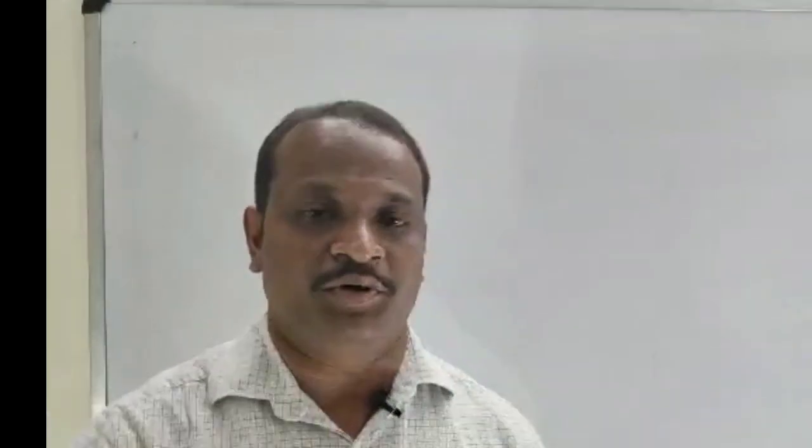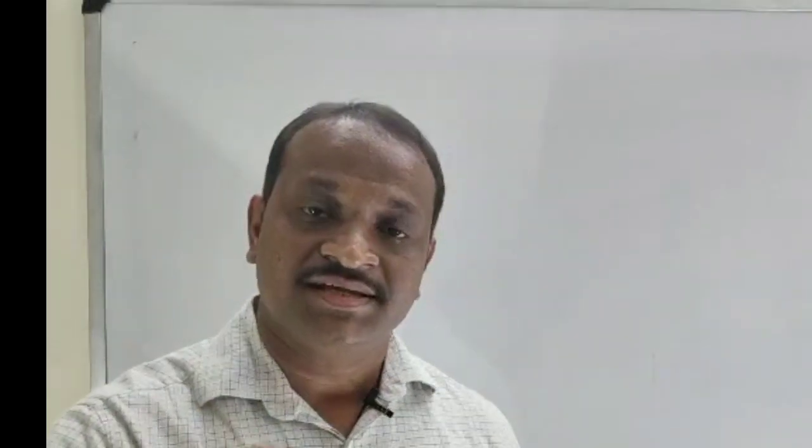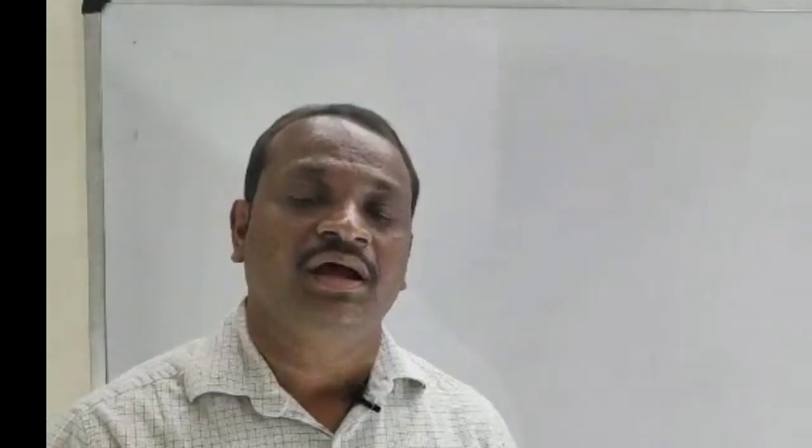Let's come to the third part of our chapter, periodic properties. We have four important periodic properties to talk about. First, size. Second, ionization enthalpy. Third, electron gain enthalpy. And last, electronegativity. Let me talk about the important points regarding atomic size.